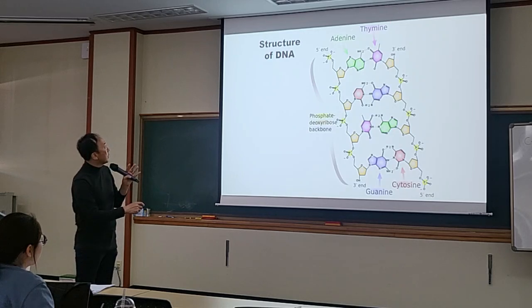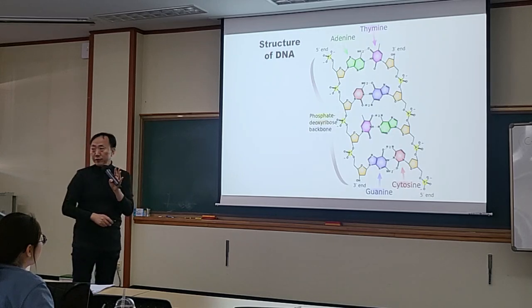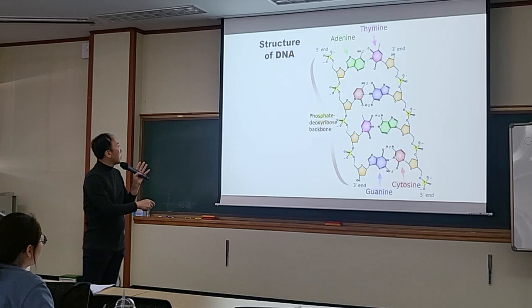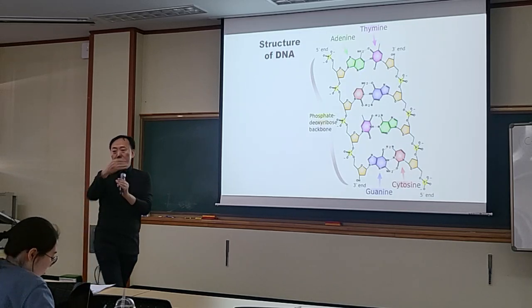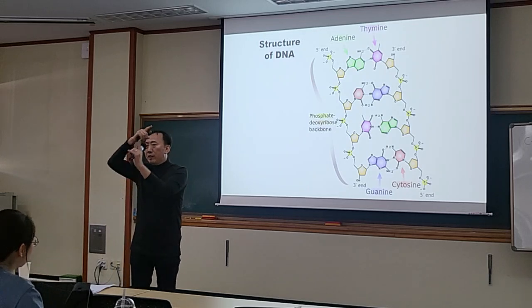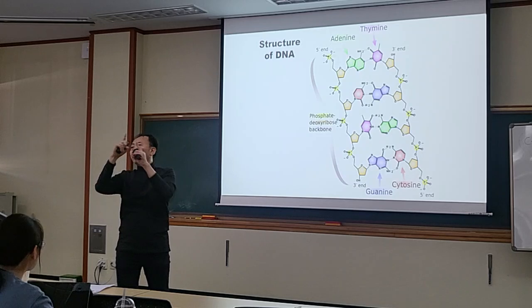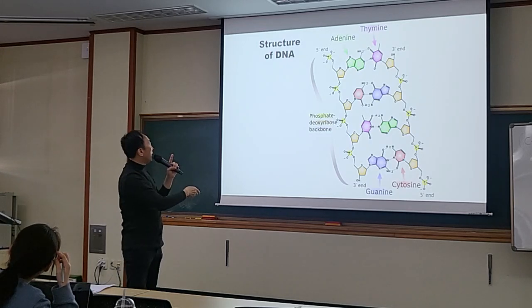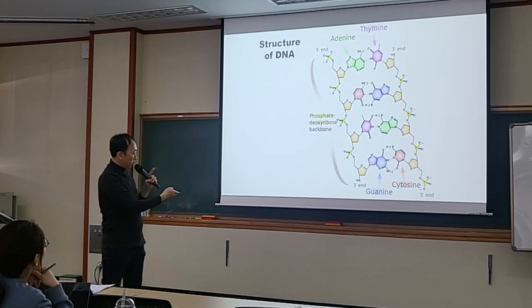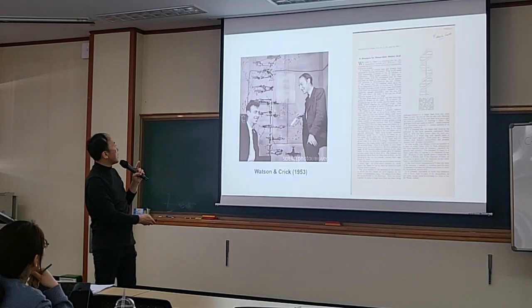So this is the minor groove and this is the major groove, because the structure is not identical on both sides. The twisting is not going on equivalently, symmetrically. That's why one direction is a little bigger than the other because of that asymmetry.